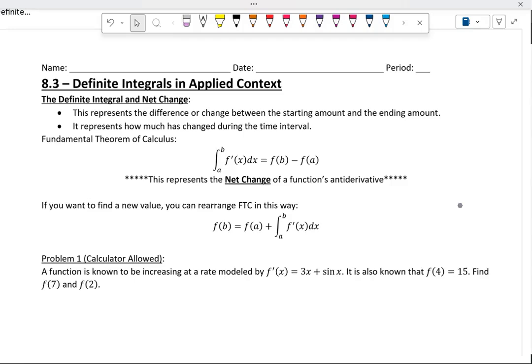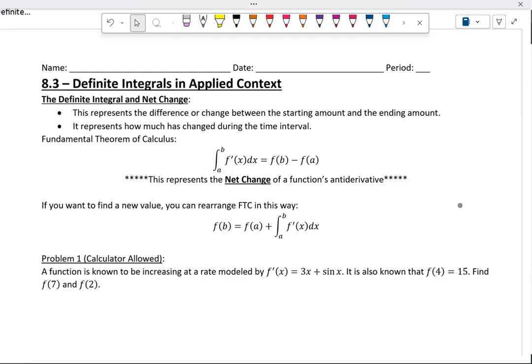When we're talking about the difference between our starting amount and the ending amount, that is our net change. That is the definite integral. The definite integral represents the change between the starting amount and ending amount. It represents how much has changed during that time interval.